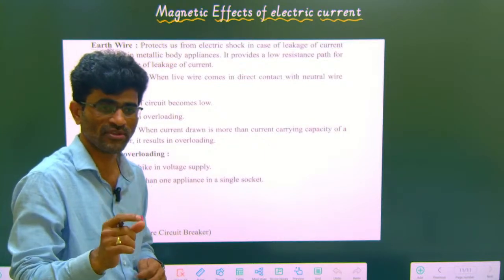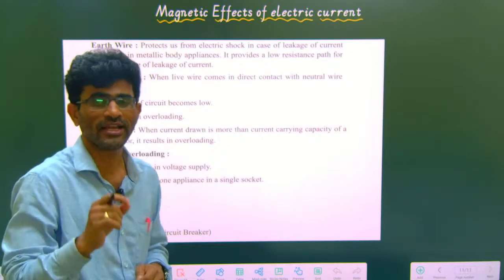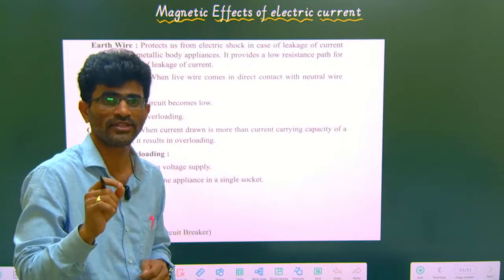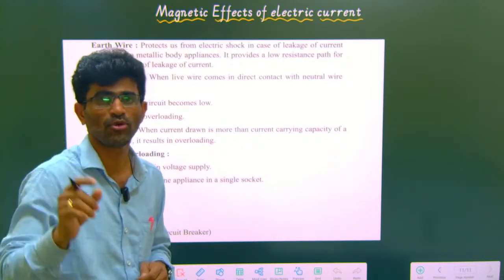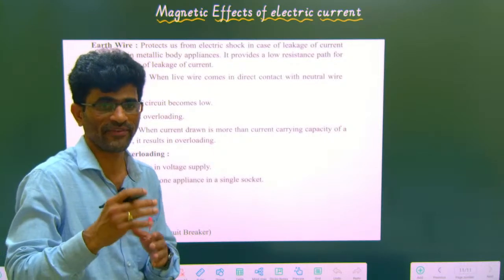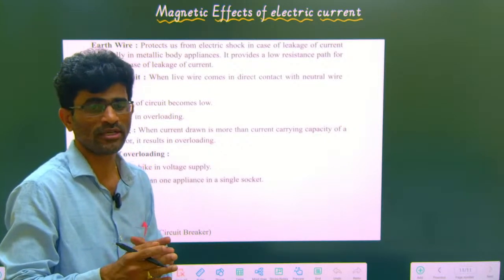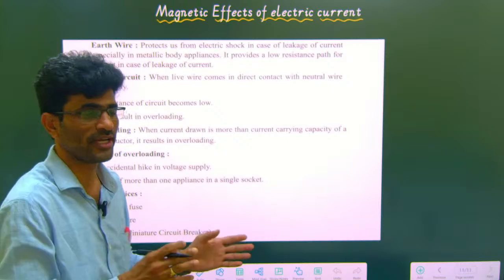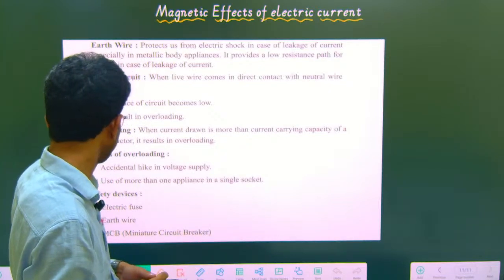So the electric fuse will be connected in series, and it is used to save the devices when a high amount of current is passing into the home. It will melt, so that the circuit will be broken, then current will not enter the home, and the remaining devices will be saved.